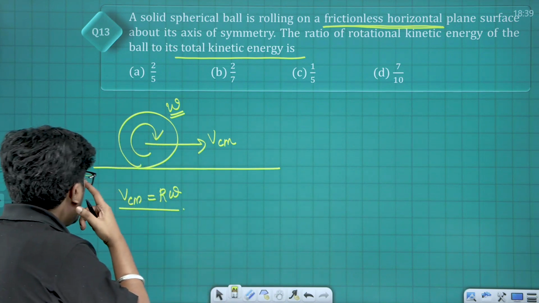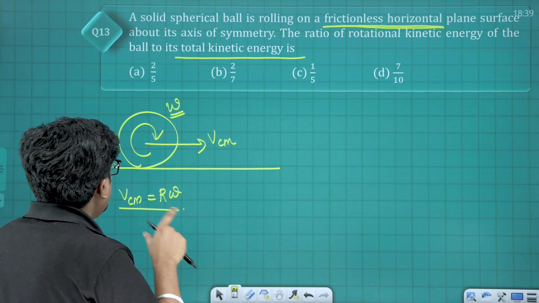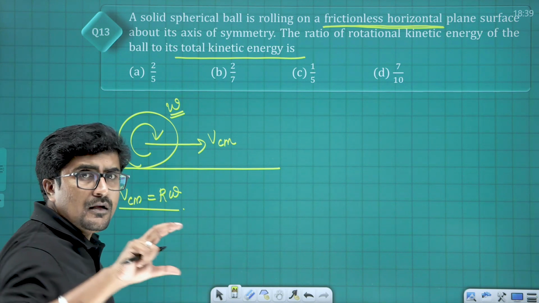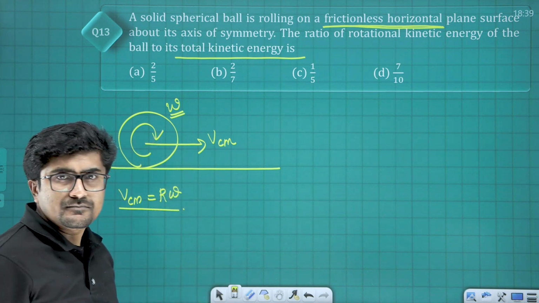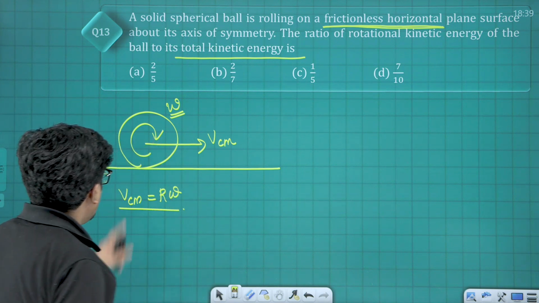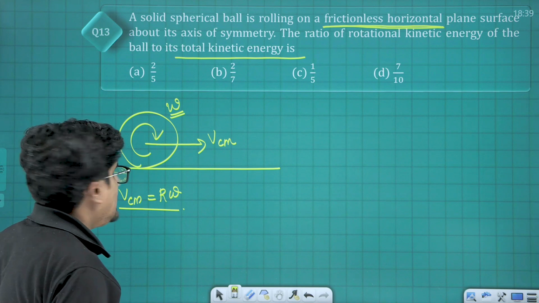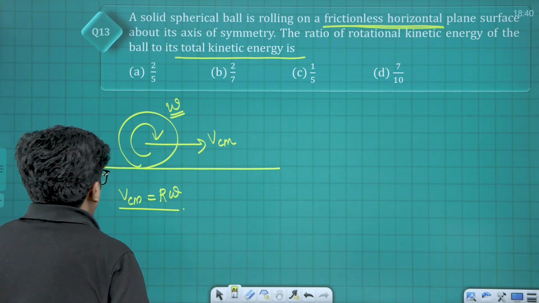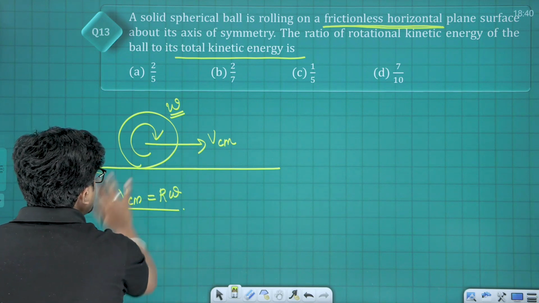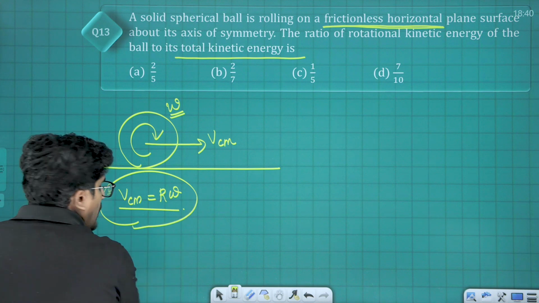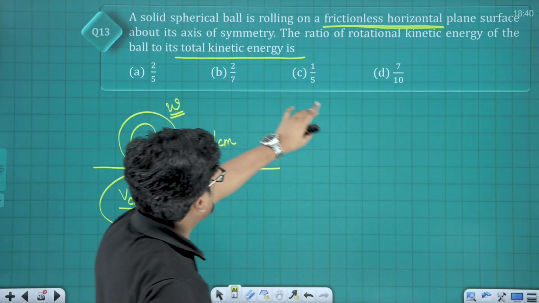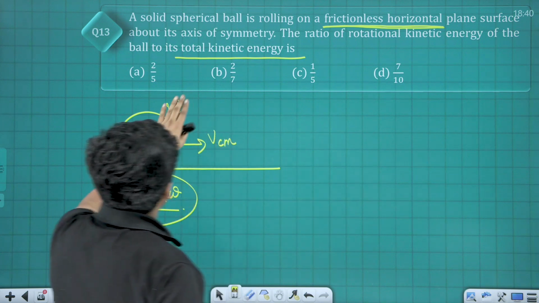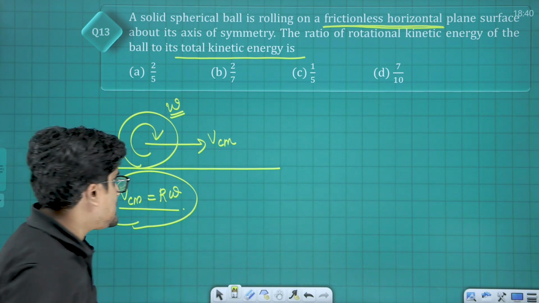So we need a frictional force for a pure rolling condition. Now, while considering the pure rolling condition, we need the ratio of rotational kinetic energy of the ball to its total kinetic energy.